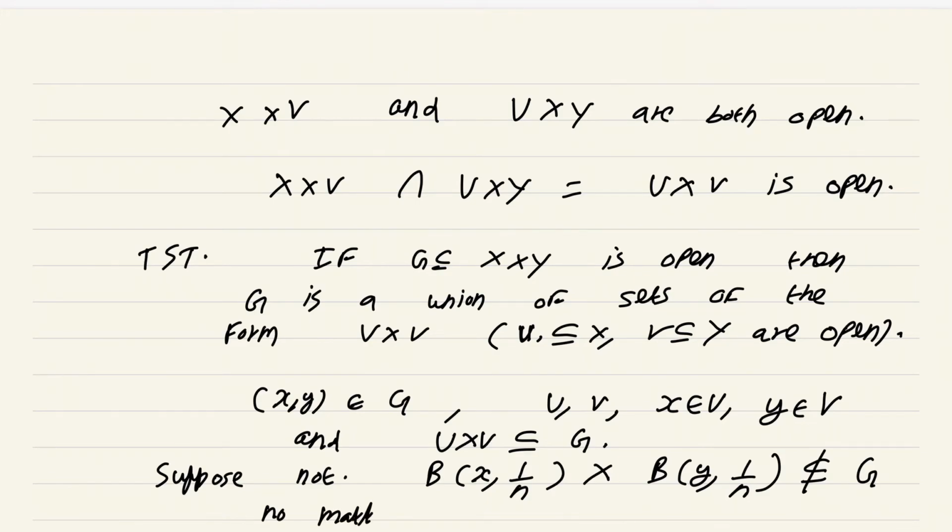Because we are assuming that it is not possible to squeeze a product of open sets within G that contain the point (x, y). If you take these particular balls of radius 1/n centered at x and y, it's not going to be contained within G. So no matter what the choice of n.